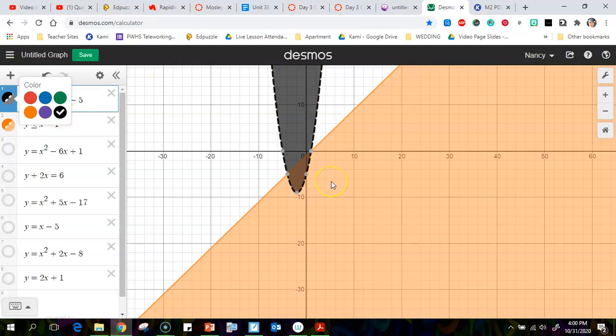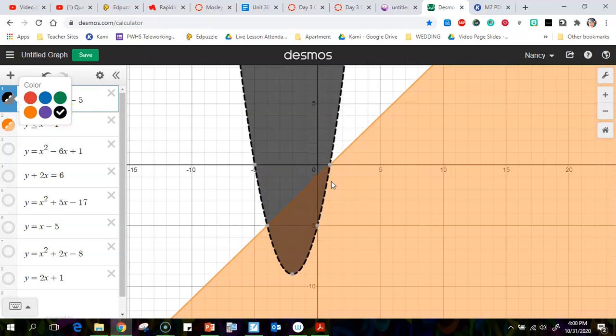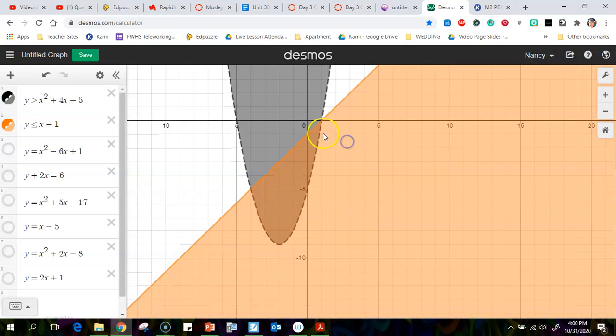Okay, so what I'm looking for here, and you can see also that this parabola is a dotted line. The reason it's a dotted line is because I made this greater than and not greater than or equal to. The solid line on the orange is because it's less than or equal to.